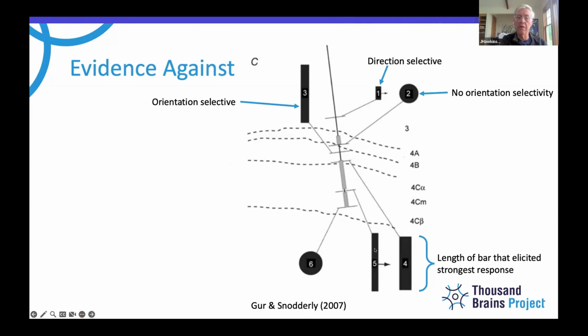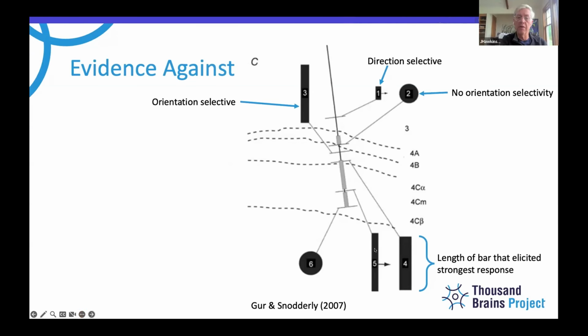And so I read further in the same paper and saw, okay, this is an interesting thing. The feed-forward projections to MT, which is classically thought of as an area responsible for motion processing, actually come from layer 4, layer 4B specifically.